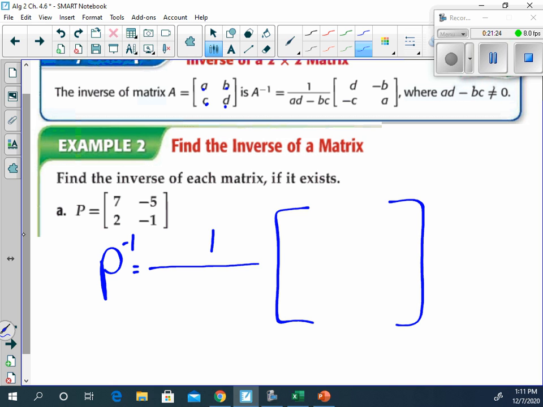Well, that's just the determinant, isn't it? Diagonal going to the right, diagonal going to the left. So here, A is 7 and D is negative 1, so we'd have 7 times negative 1. Minus, our other direction would be negative 5 times 2.